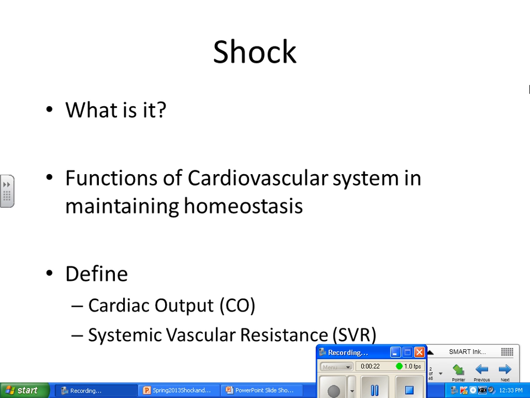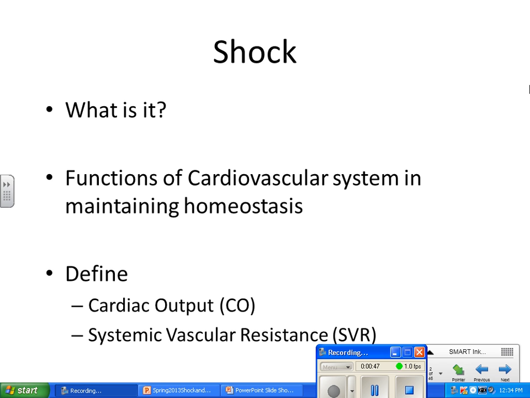So what is the definition of shock? What's happening when a body goes into shock? Right, there's a shutdown of the cardiovascular system, the cardiac or the pulmonary system. And what's happening with shock is that there's a drop in the amount of oxygenated blood that gets to the tissues.